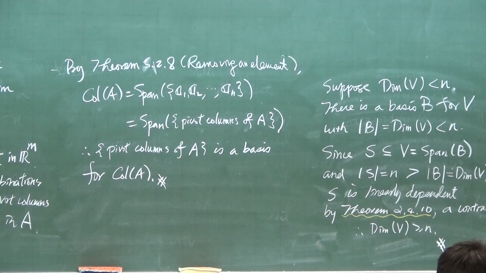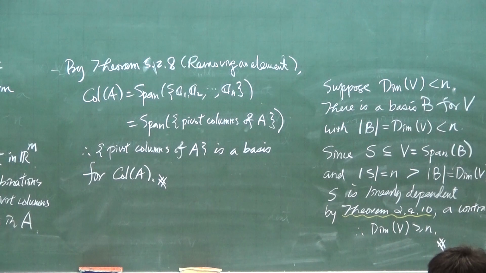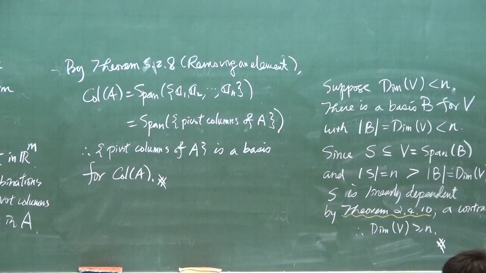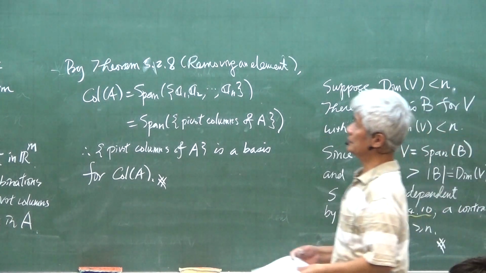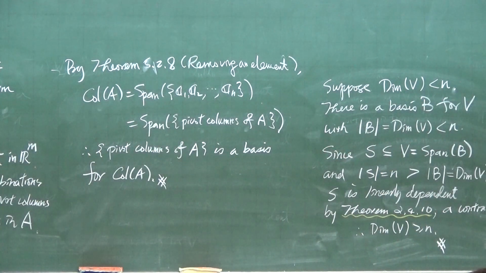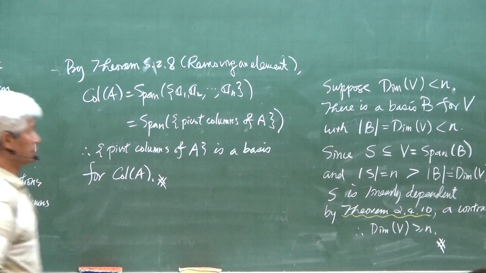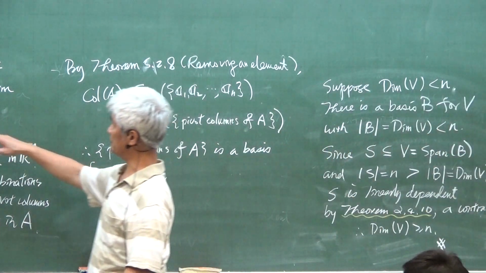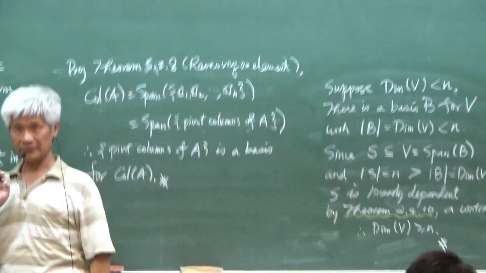So the important observation is that any linear relation on the columns of A is a corresponding linear relation on the columns of the reduced row echelon form. This is crucial. Okay, for this example, you can see that. All right, so from that we can show the pivot columns in U, because they are standard unit vectors, form a linearly independent set. So the corresponding pivot columns in A also form a linearly independent set.